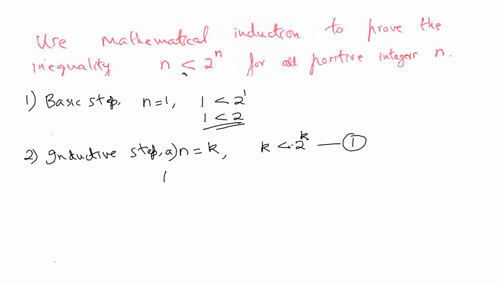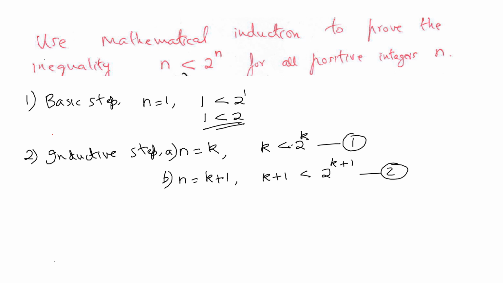The second part is, if n is equal to k is true, the same should be true for n is equal to k plus 1. The same type we have solved in the previous problem also. So wherever there is n, you replace it with k plus 1. So k plus 1 less than 2 to the power k plus 1. So this is equation 2.